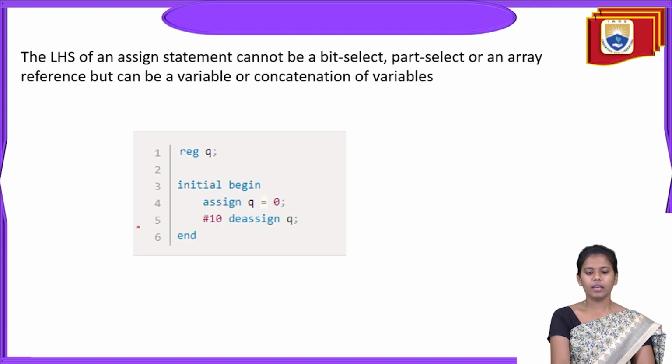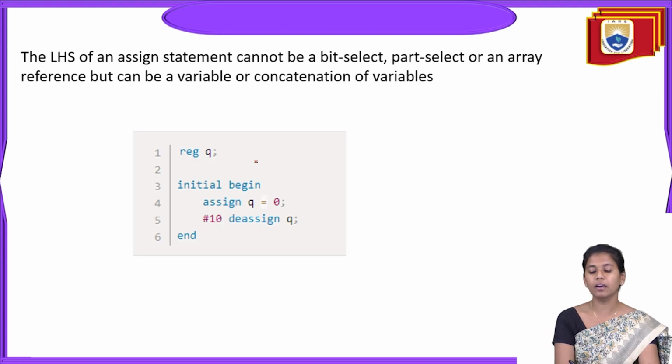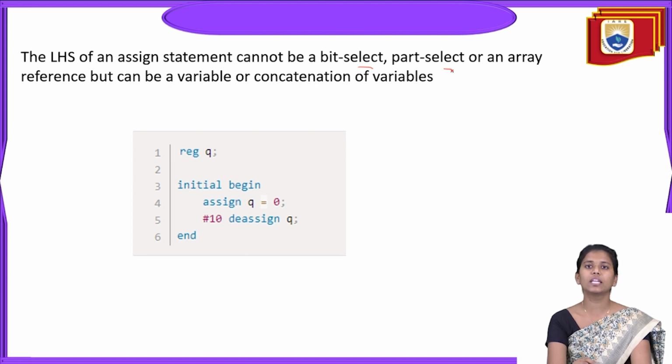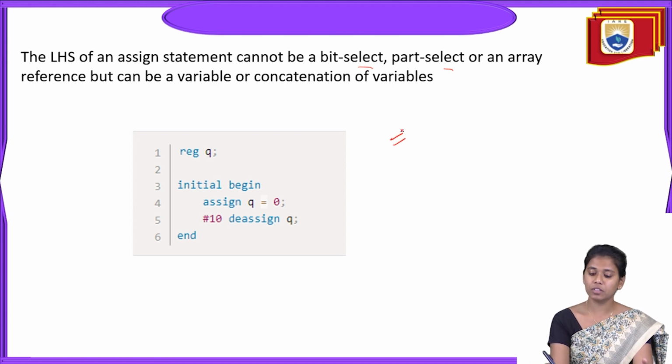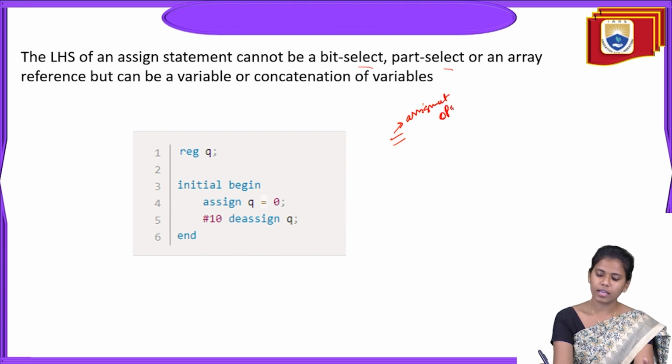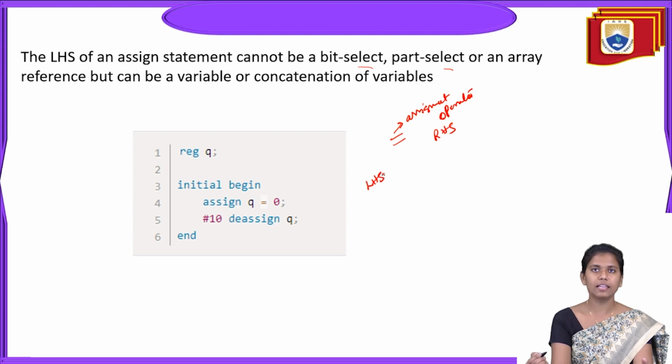Here, the LHS of an assignment statement cannot be a bit select or part select. In the continuous assignment statements, procedural assignment statements, or procedural continuous assignment statements, whatever you are considering, the equal sign is the assignment operator. This is my RHS and this is my LHS. My RHS contains the expression and my LHS will contain the variables and nets.